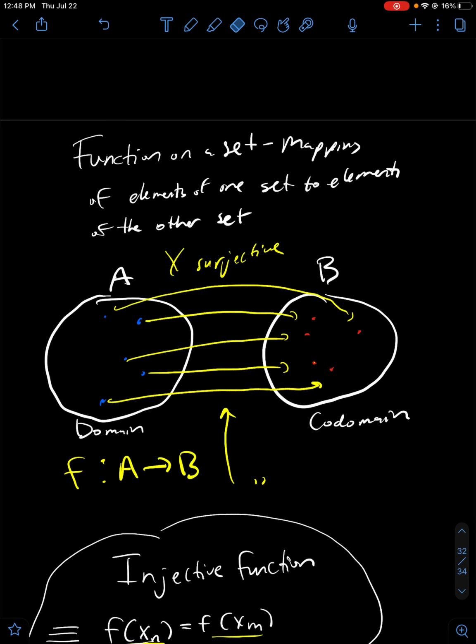Let's just erase this point. This is still a surjective function, because all the elements of the domain get mapped to some of the elements of the codomain. In this case, it's actually all the elements of the codomain. And note that this surjective function is also injective, since there's a unique one-to-one correspondence of the elements of the domain to the elements of the codomain once the function is defined.